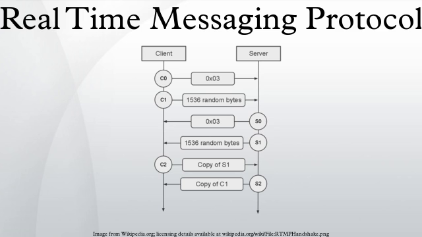RTMPDump. The open-source command line tool RTMPDump is designed to play back or save to disk the full RTMP stream, including the RTMPE protocol Adobe uses for encryption. RTMPDump runs on Linux, Android, Solaris, macOS, and most other Unix-derived operating systems, as well as Microsoft Windows.